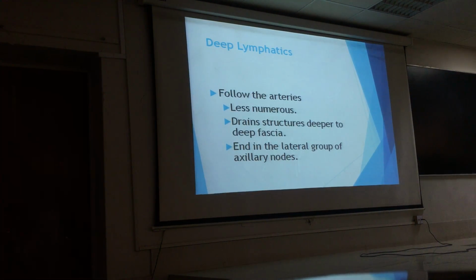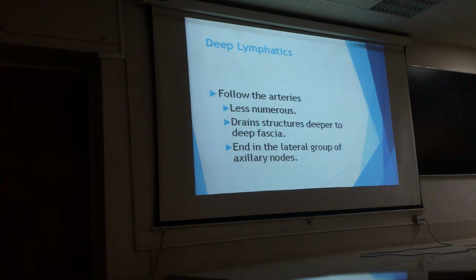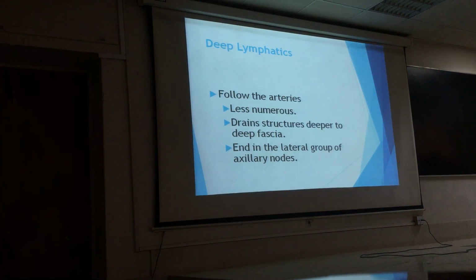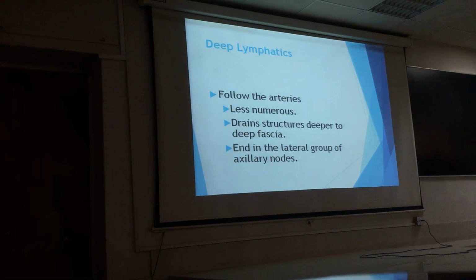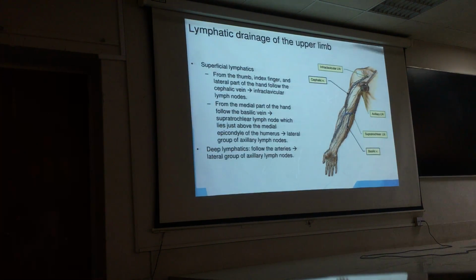So we say that they are less numerous, and these deep lymphatics, we have seen that they are draining the structures which are even beyond the deep fascia, like we have seen the capsules, we have seen the periosteum. So they are draining much deeper structures which are lying in the body. And again, the termination point is the same, that is in the lateral group of the axillary lymph node. And that lateral group of axillary lymph node is the same as the humeral group of the axillary lymph node.